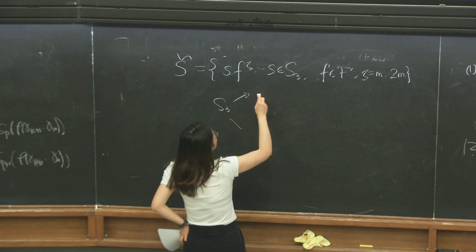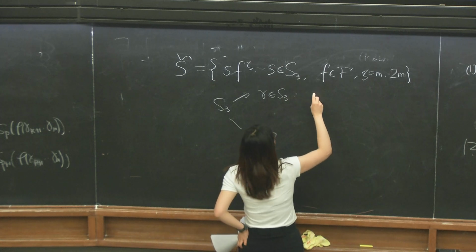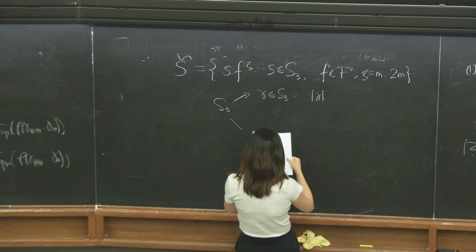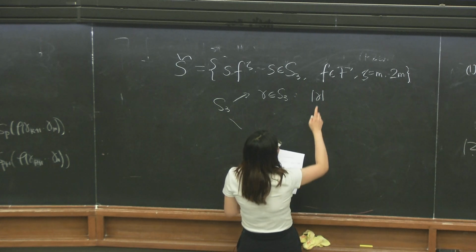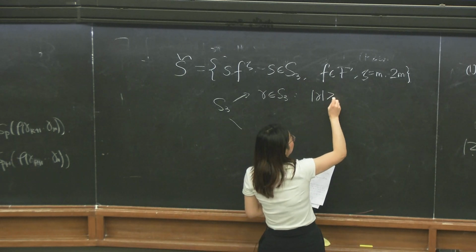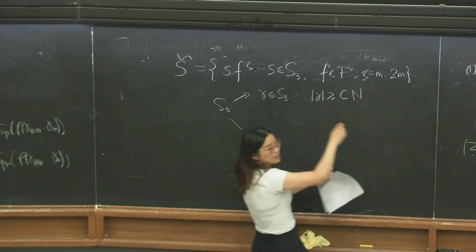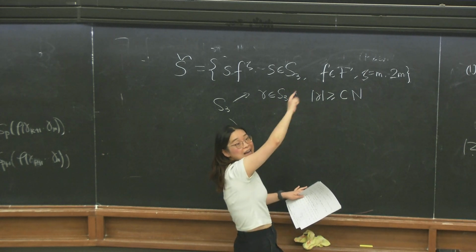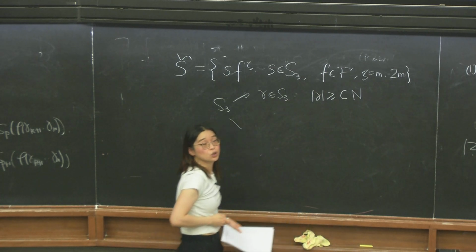One is that I know the word here has word length greater or equal than some constant times n, because if you remember the picture, I have a large ball and a small ball, and I cut out a sphere in between, so I have this control.